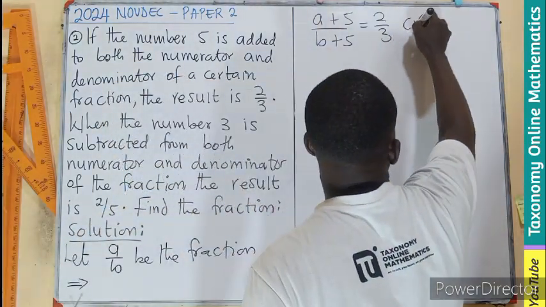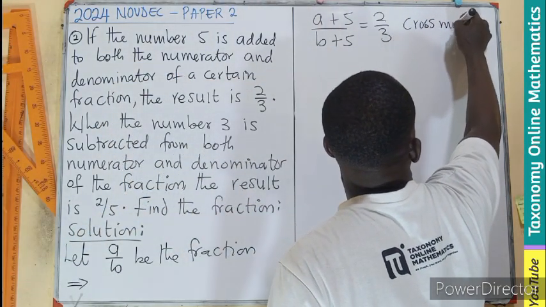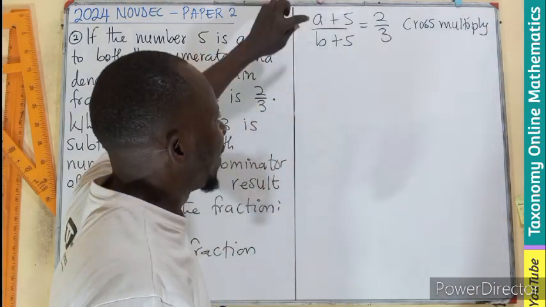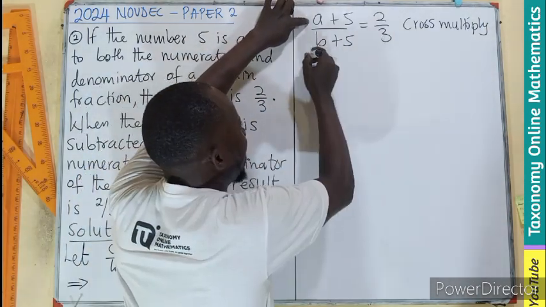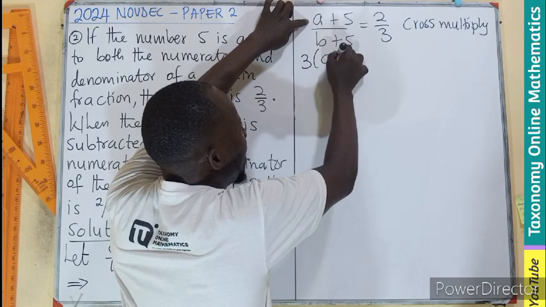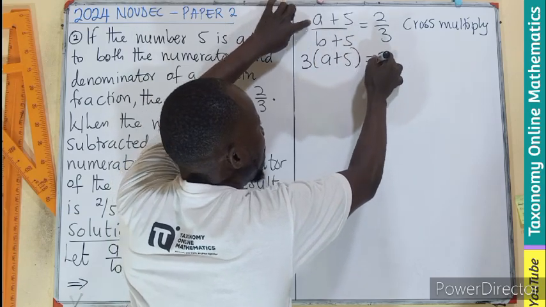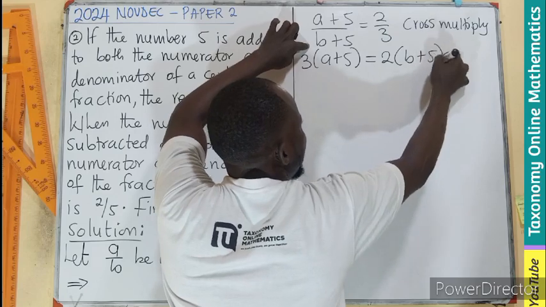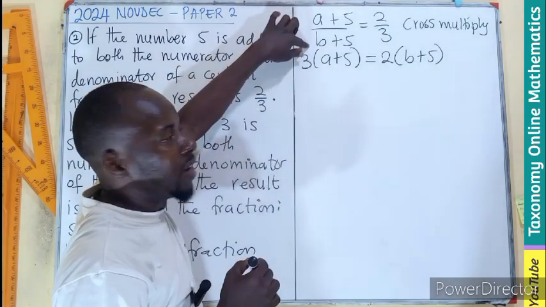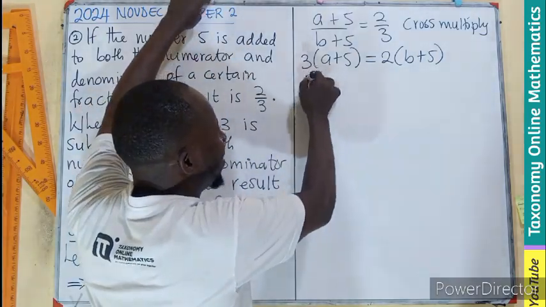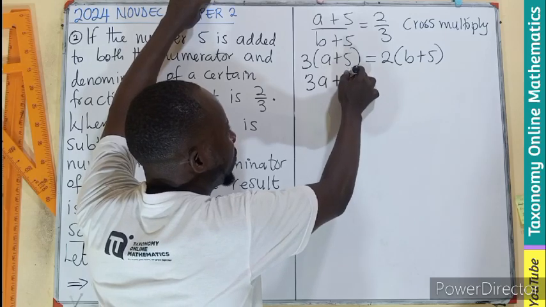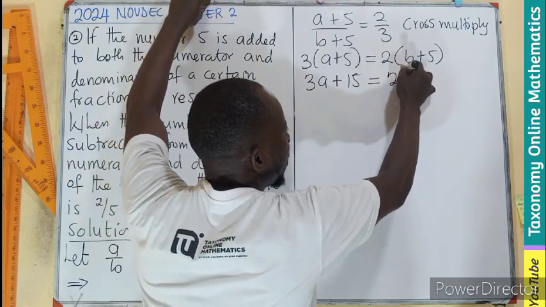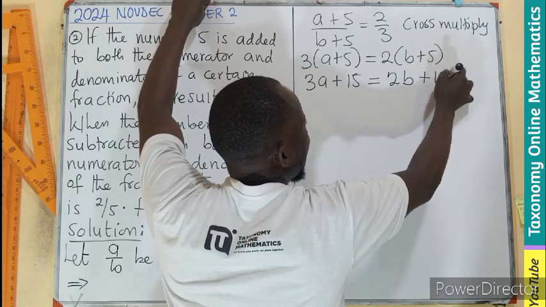If I cross multiply, I can have a times 3. So 3 times (a plus 5) equals 2 times (b plus 5). I guess we can expand from here. That will give us 3a plus 15 equals 2b plus 10.